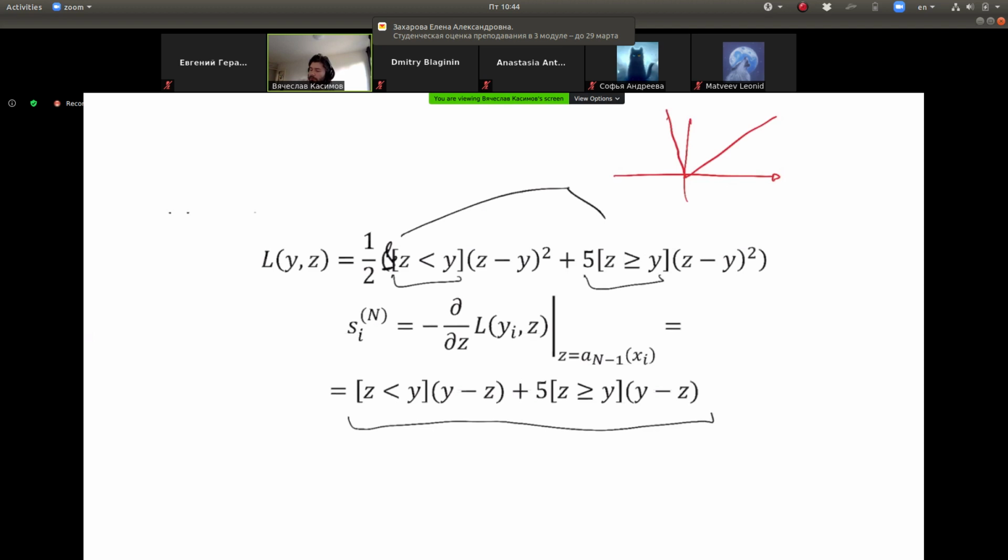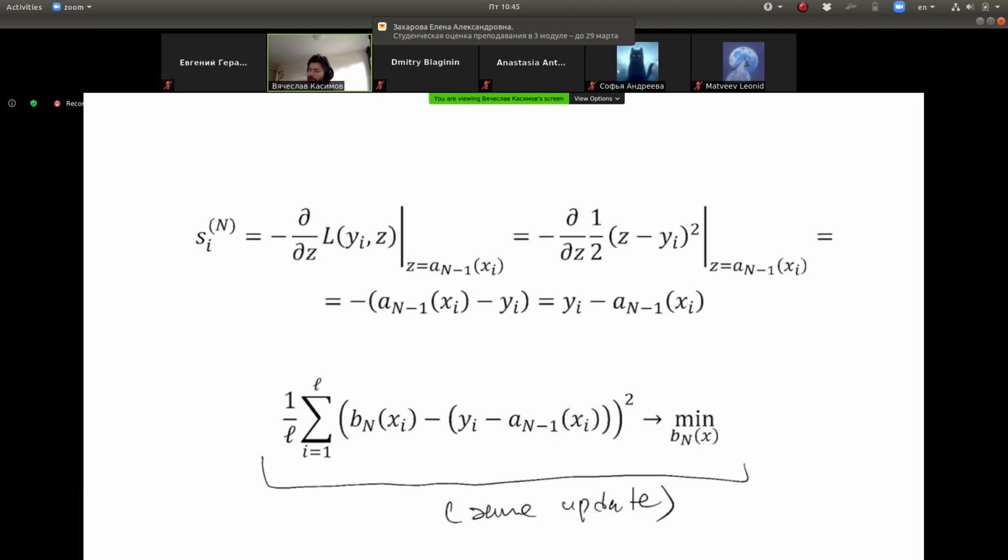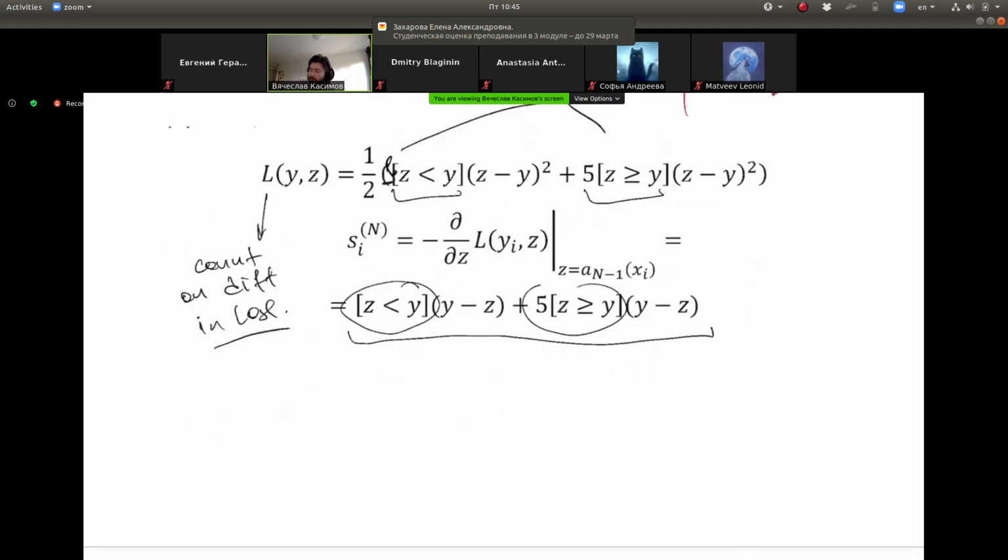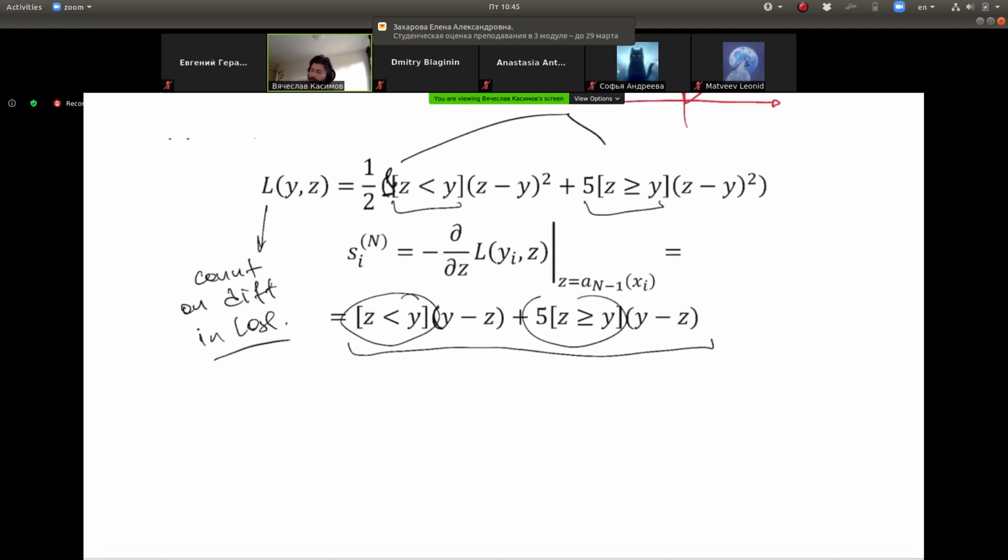You see that at different points we use different multipliers, and we account for the asymmetry in our loss function, because here we have the square of the difference, and here the same, but this guy is multiplied by 5.